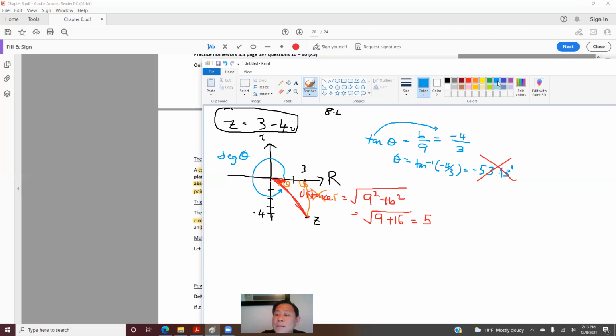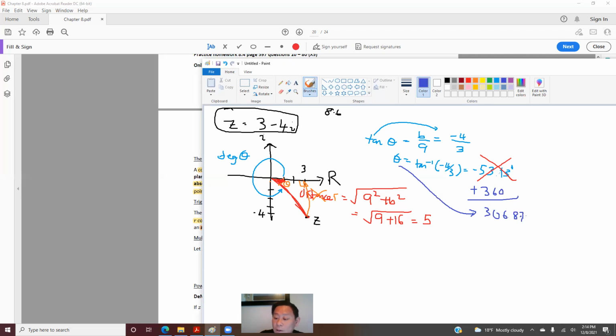So in this case, you have to add 360 degrees because then you go the other way. So this theta will be plus 360 using your answer here, 306.87 degrees.